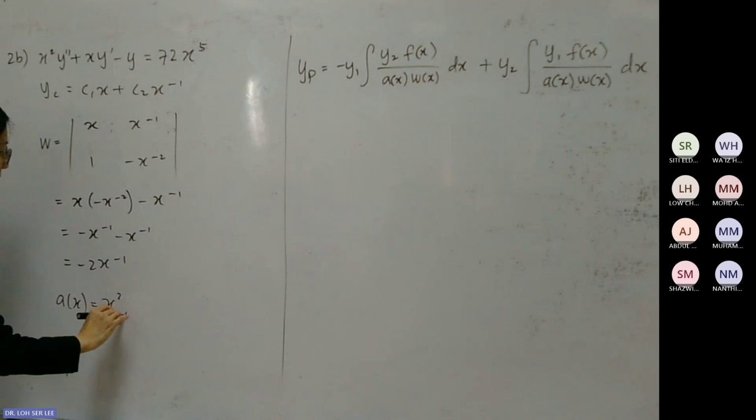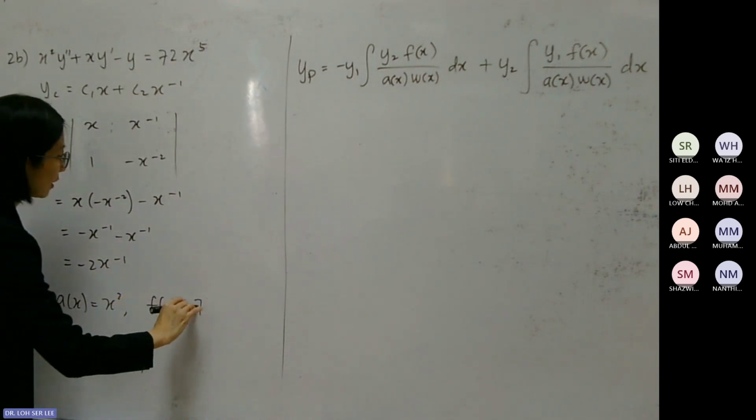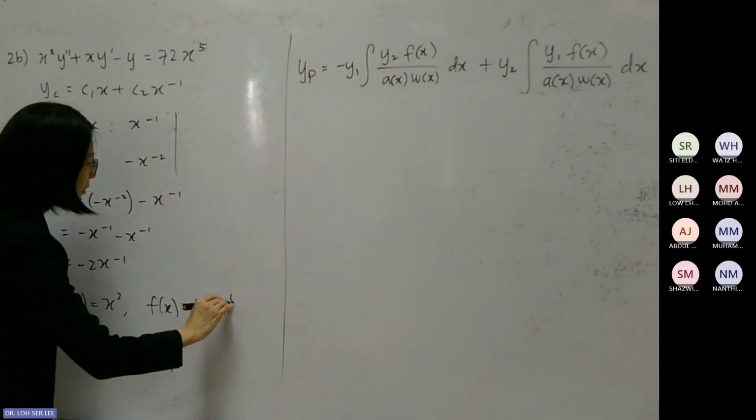X is x squared. X is 72. X to the power 5.